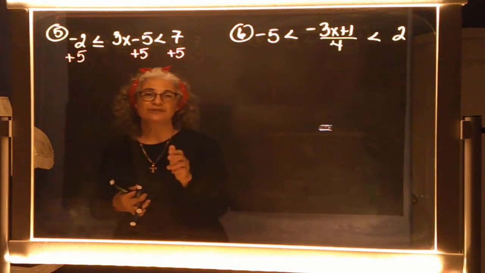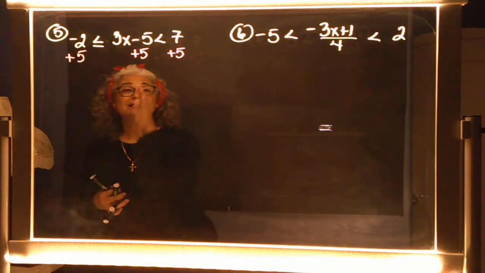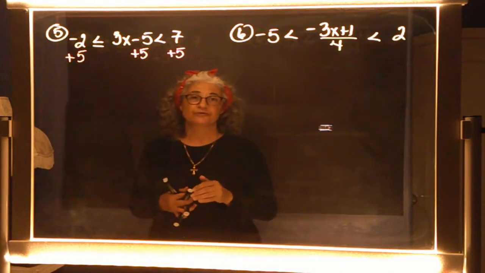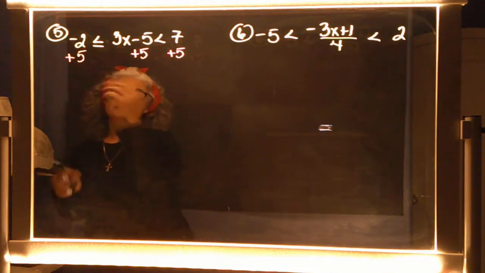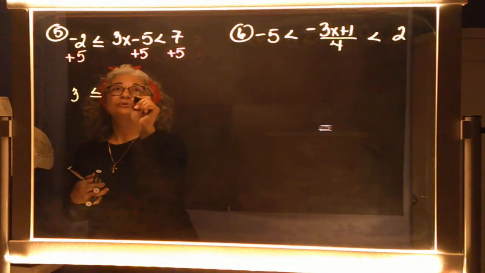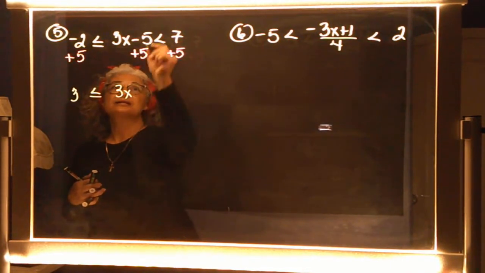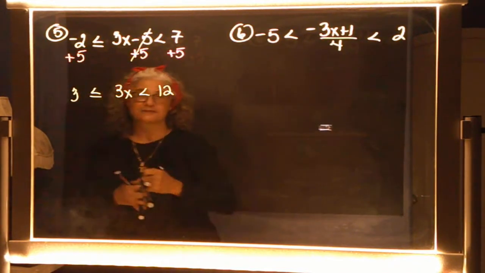But I'm going to stay focused. I need the x by itself, so I'm going to focus on getting the x in the middle by itself. Got it? Okay, so now, -2 plus 5, 3, less than or equal to 3x, because these drop out, less than 12. Excellent.